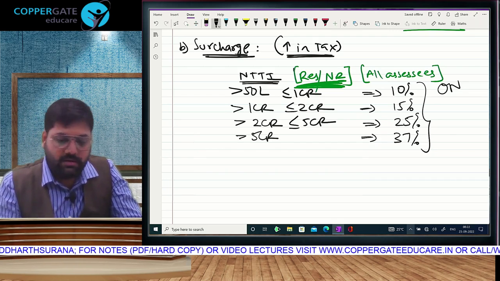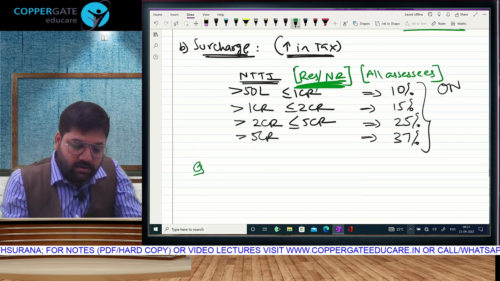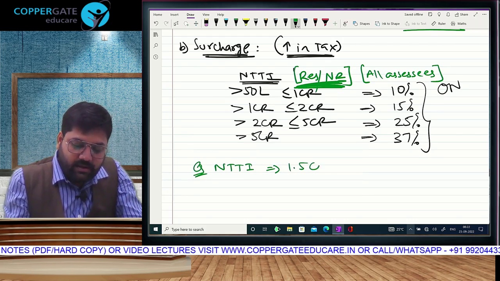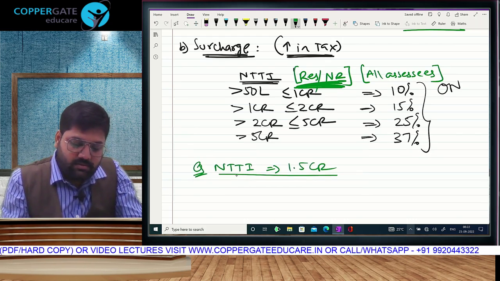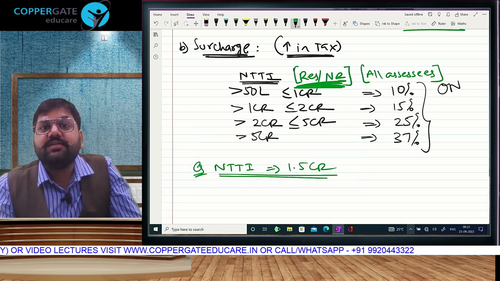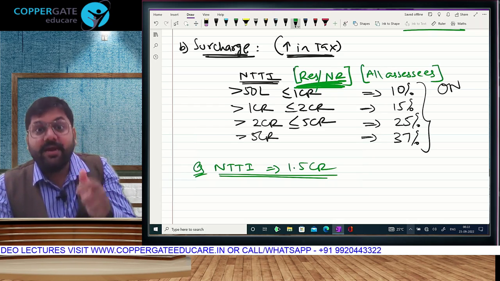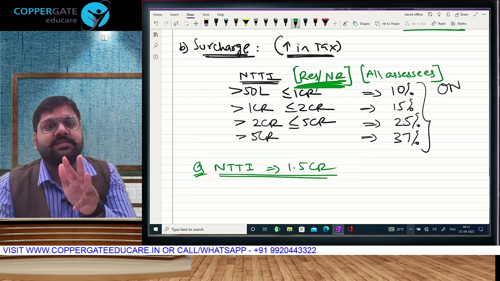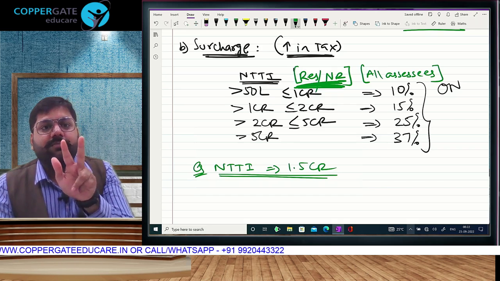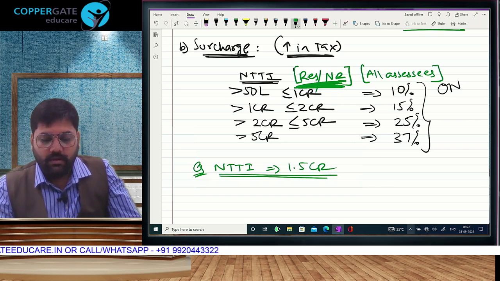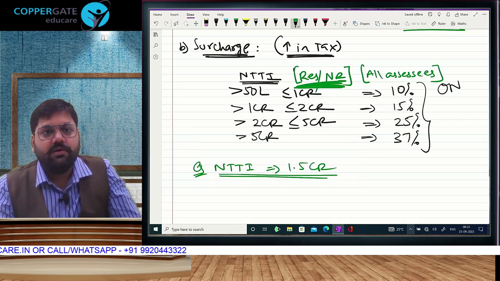Question understood? For example, my net taxable total income is 1.5 crore. Is this a case of rebate, surcharge or none of them? Listen, both of them is not in options. Rebate, surcharge or none of them? NTTI 1.5 crore, rebate, surcharge or none of them.